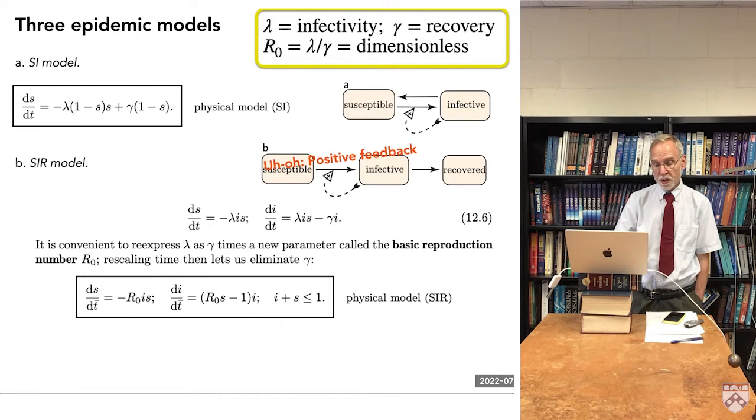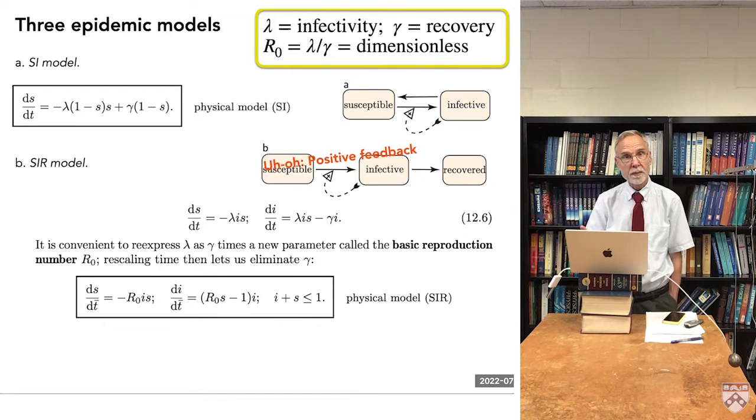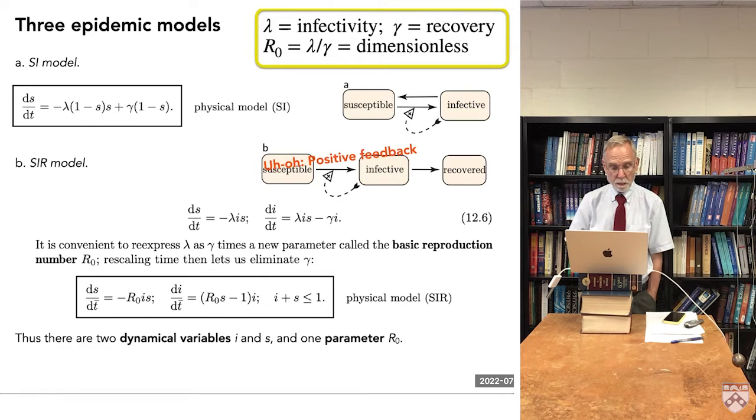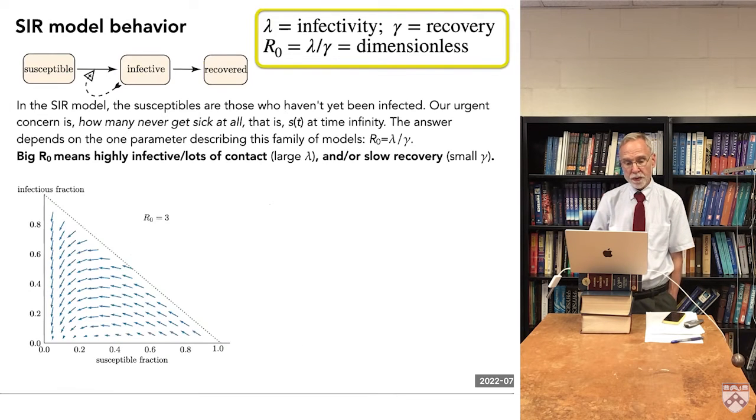There's an equation of change for the susceptible population, and one for the infective population, and I don't need to deal separately with the recovered population because it's tied to the other two. That's the model called SIR. It's got two dynamical variables and one parameter describing it, and we can write a phase portrait.